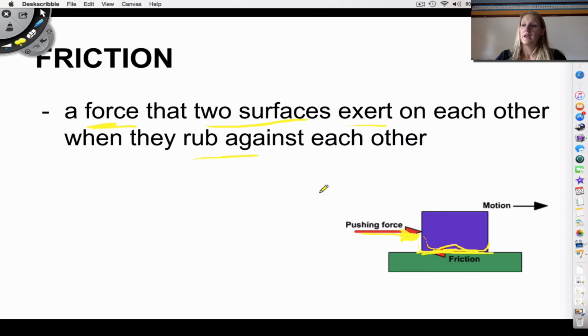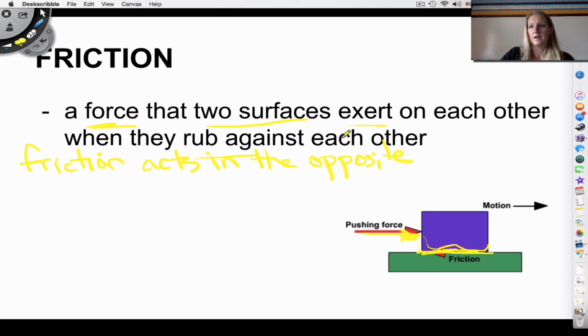Okay, one other important detail is that friction acts in the opposite direction of the object's motion.